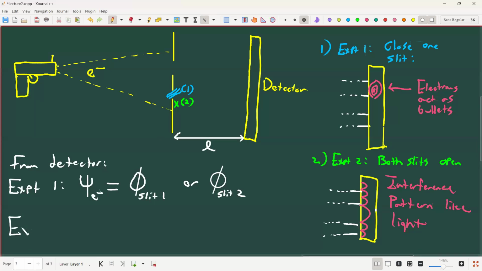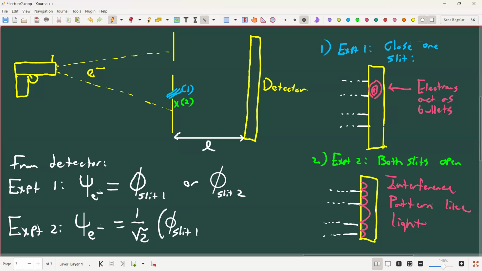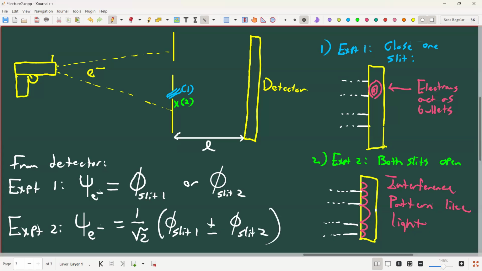In experiment 2, the only explanation that we have for this is that the electron must be represented as one that passes through slit 1 plus or minus slit 2. It's gone through both simultaneously.